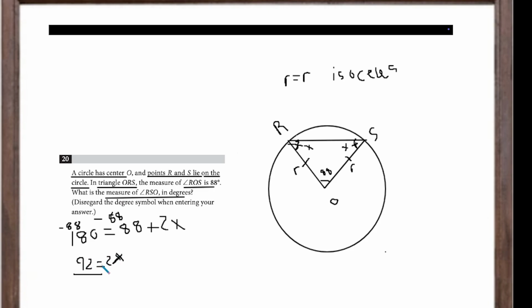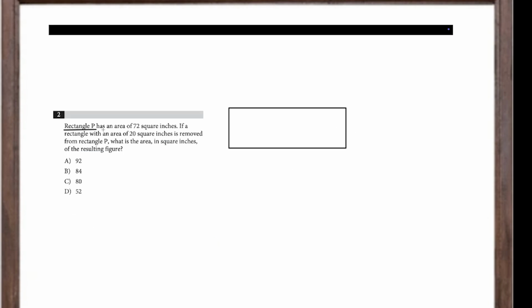Divide both sides by 2, therefore x is equal to 46 degrees.